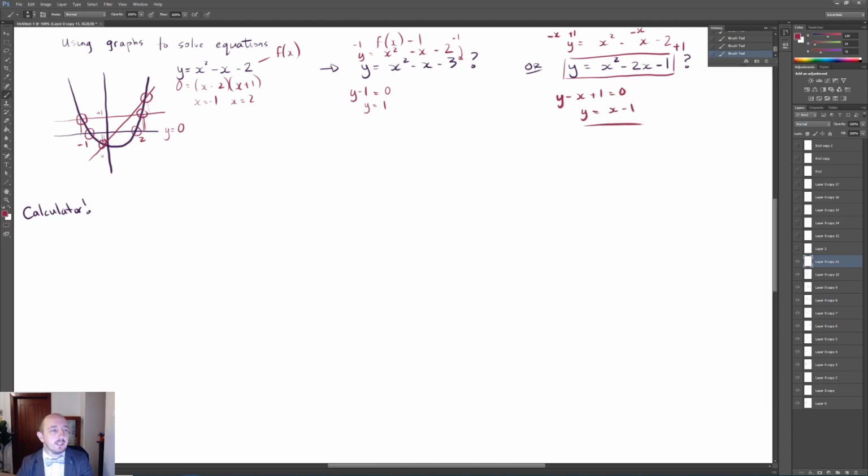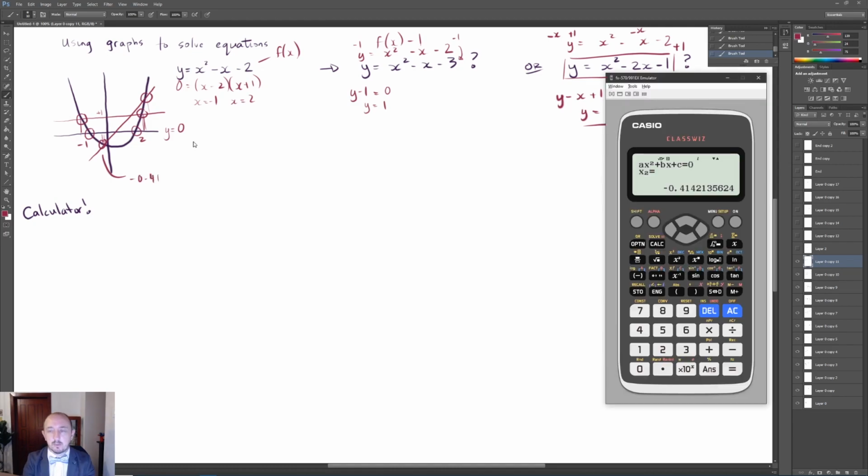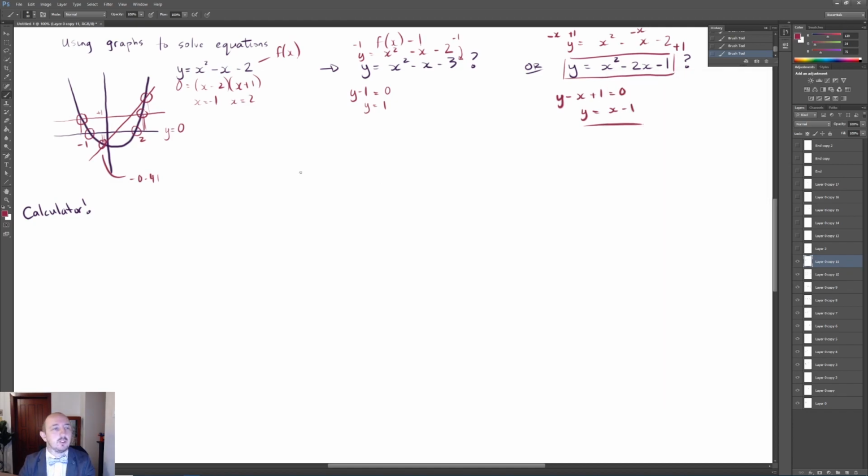Okay, so I know that this one here is minus 0.41 and my other one was 2.41 like that. So I'm using my calculator to actually solve this in the normal fashion and then making sure that my line goes through these points to give me my accurate solutions to these graphs.